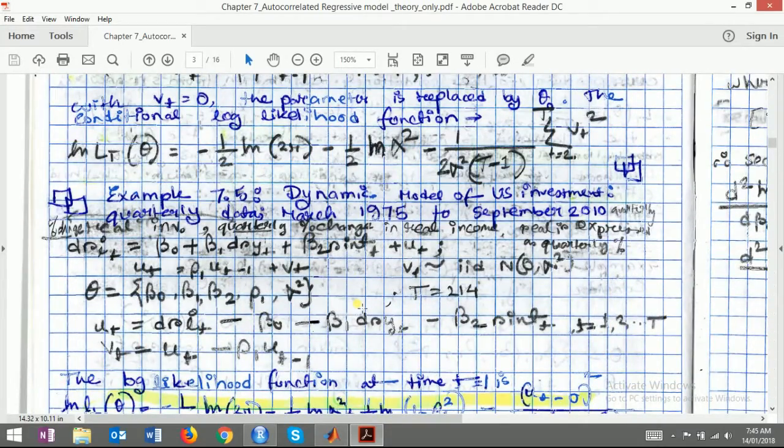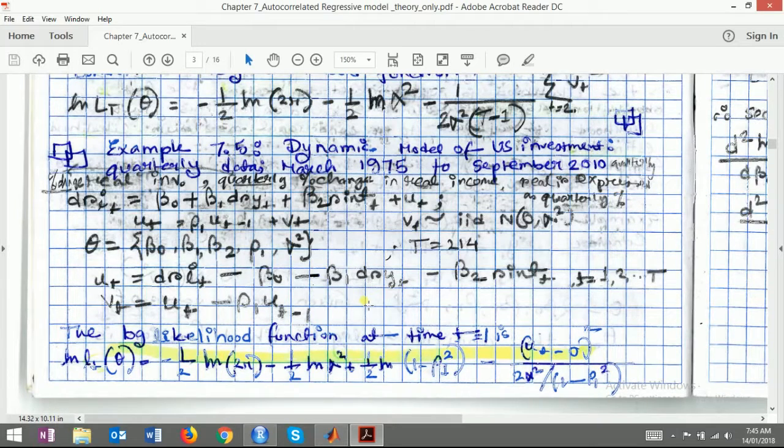Beautiful. Example 7.5, dynamic model of US investment. Quarterly data is taken from March 1975 to September 2010.